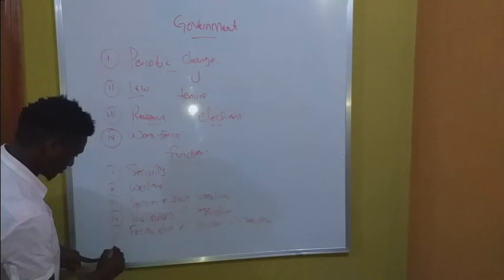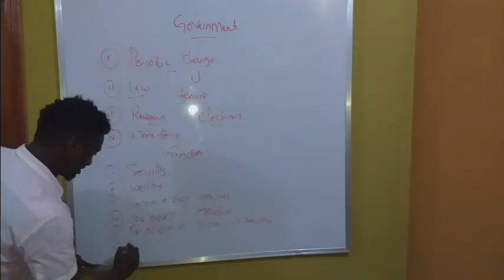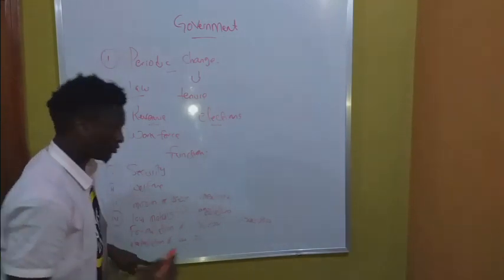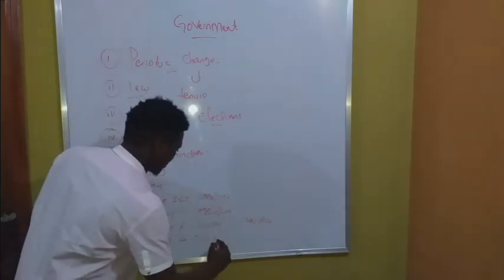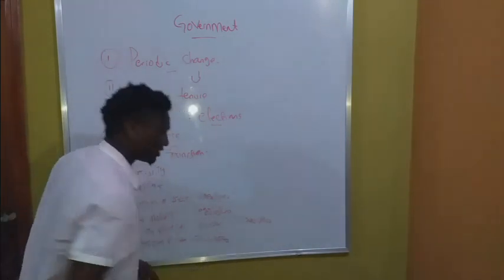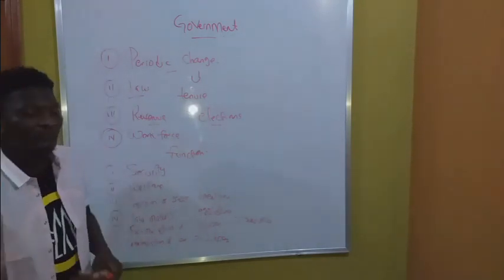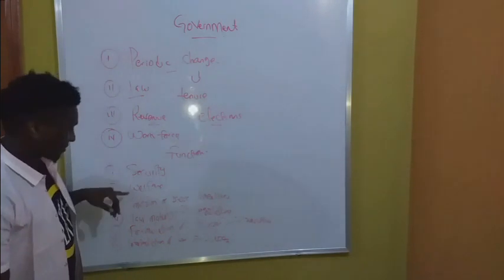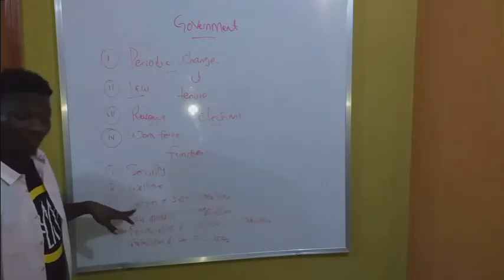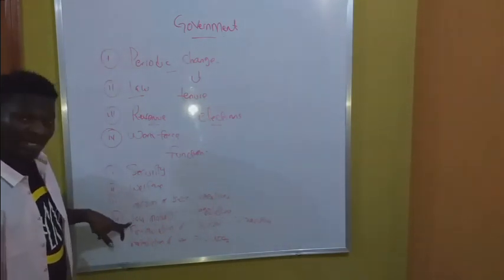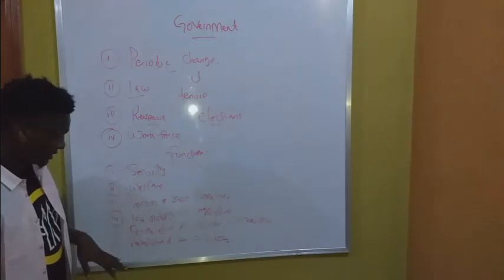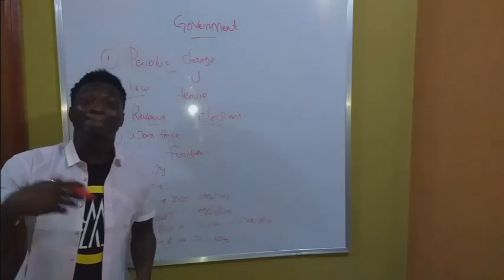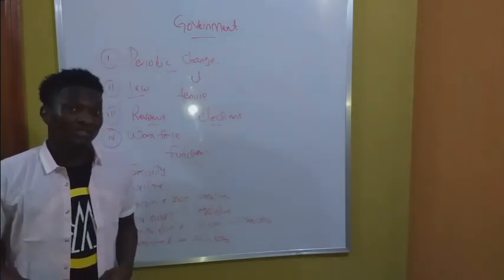And of course, we have interpretation of laws. This is attached to the judiciary. So ladies and gentlemen, do not forget, government is responsible for security, welfare, provision of basic amenities, lawmaking, formulation of policies, interpretation of laws, among many, many others.